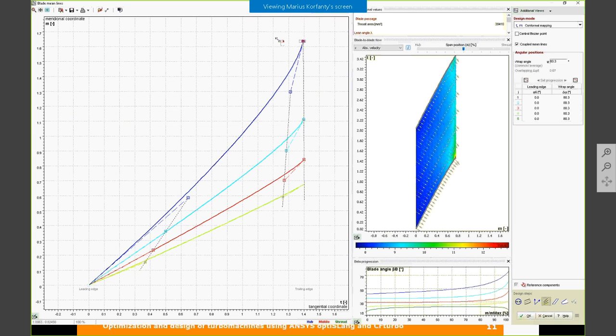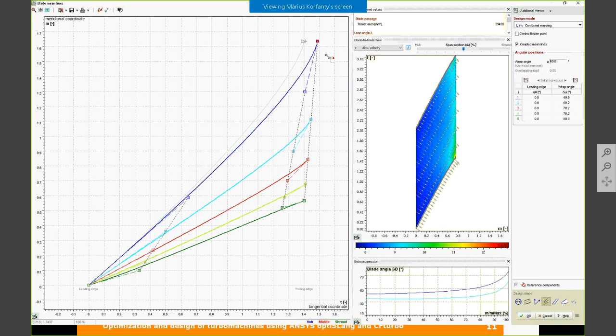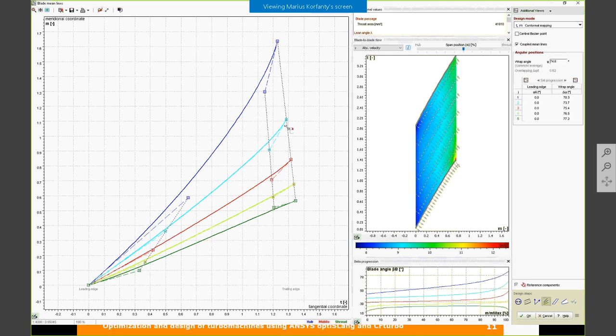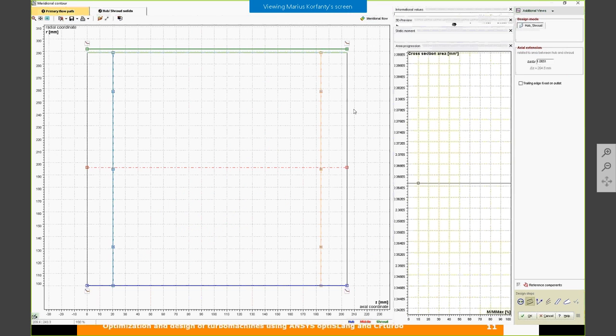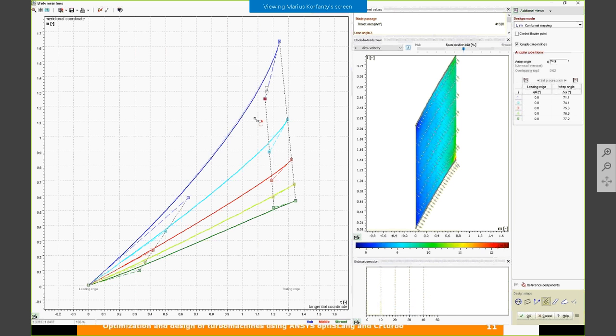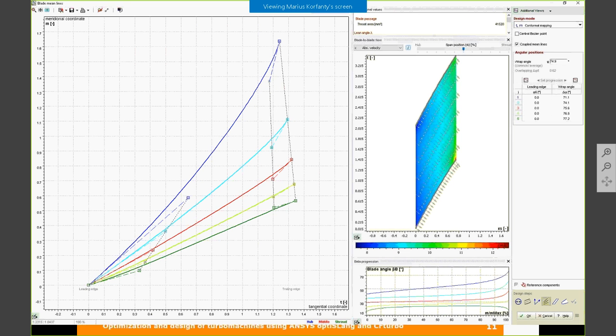We can define our blade mean lines. And I have to mention that each geometry is described by a Bezier spline, and each control point of this Bezier spline can be used as an optimization parameter.